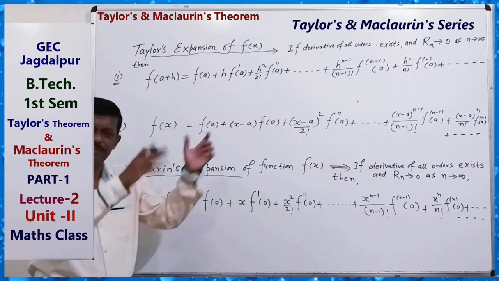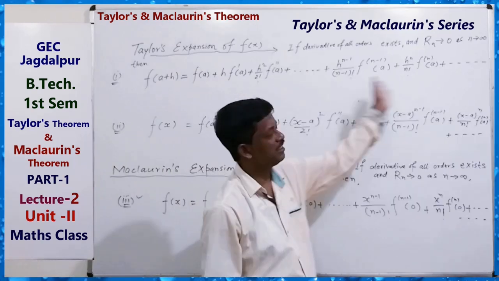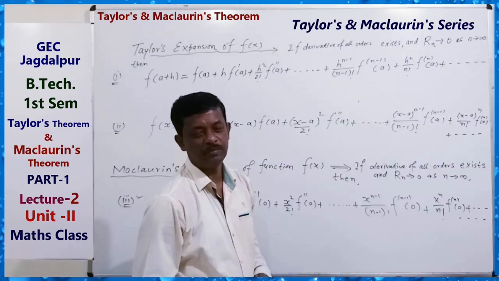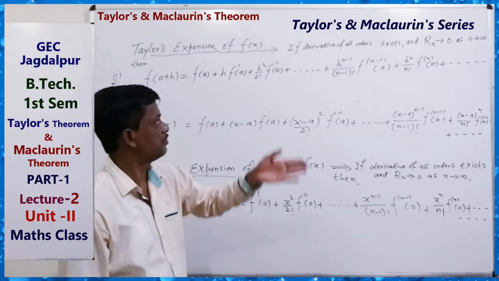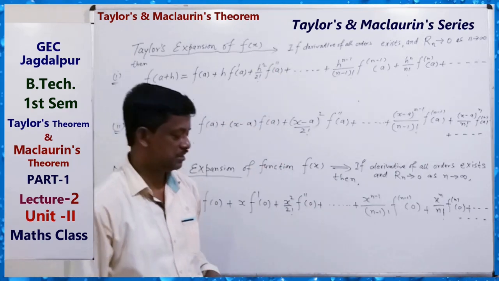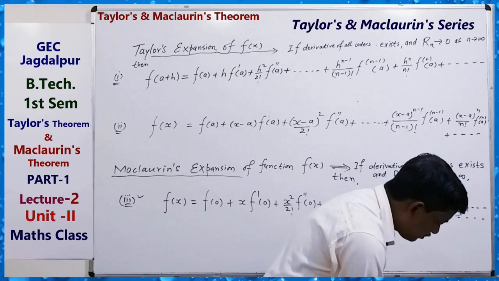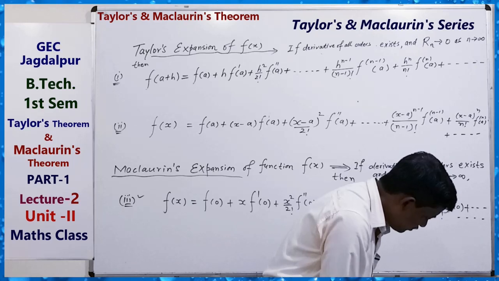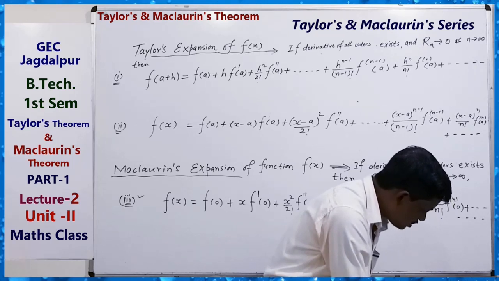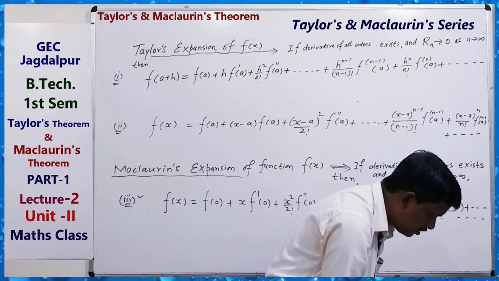That is the same expansion, just take it up to infinity, or up to any number of terms, because derivatives of all orders exist. Okay, so these are the expansion formulas of a function. So here, the function possesses derivatives of all orders and the remainder tends to 0.